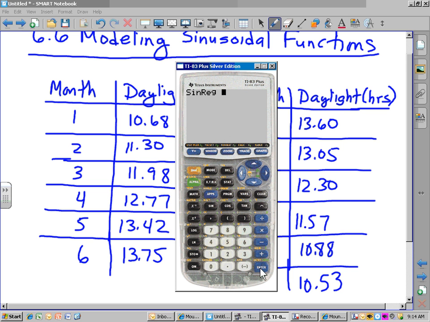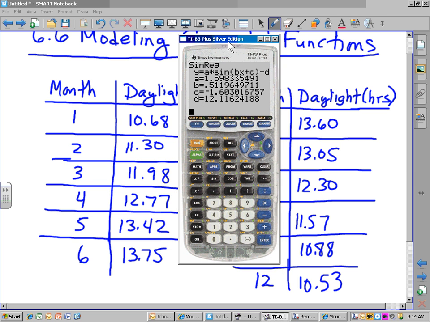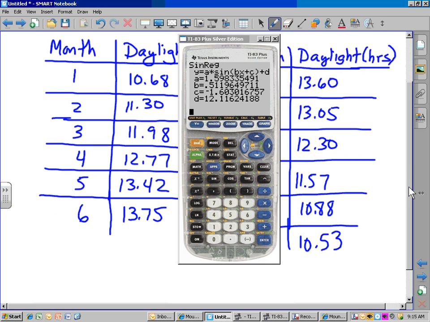So hit Enter. You should specify the list: second number 1 is list 1, comma, second number 2 is list 2, and you get an equation. This equation matches what we would get like we just did in last night's homework. So let's write this equation down.